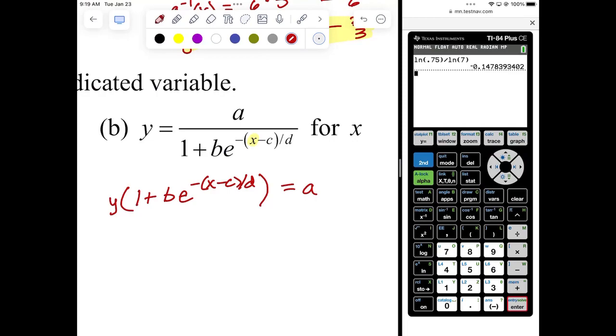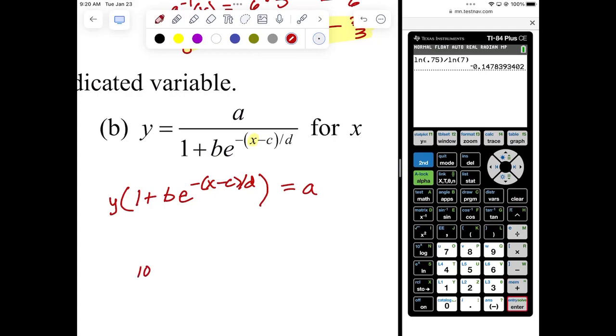Now you have two options here. You're at a fork in the road. And if these were numbers, we would probably be informed in what to do. I can either A, distribute the y into both terms. Do y'all see that? Or you could divide both sides by y and get a over y on the right-hand side, which generates a fraction. If these were numbers instead of variables, I would probably look to see what we could do.